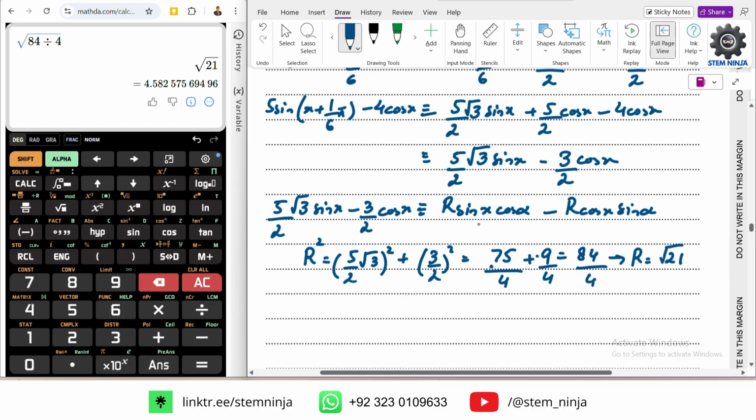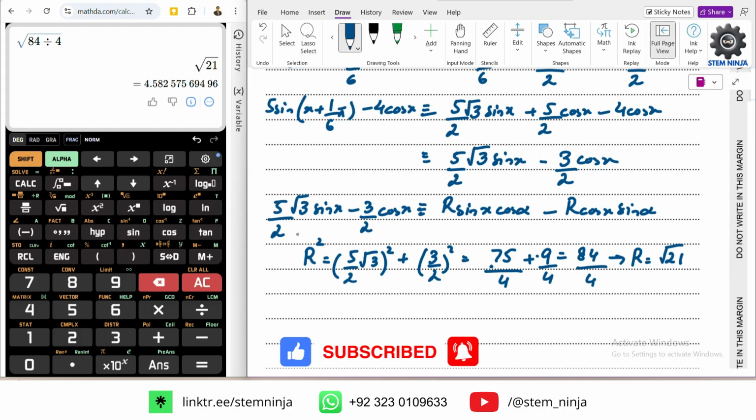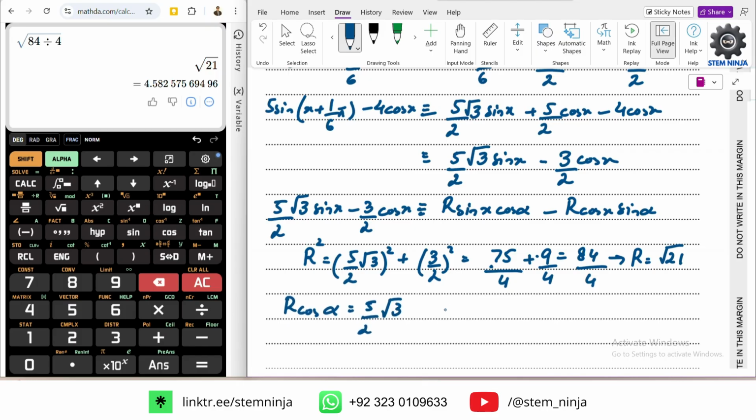Now, to figure out the tan ratio over here, the sine x component is the r cos alpha, 5 over 2 root 3, and the cos x is r sine alpha, 3 by 2.